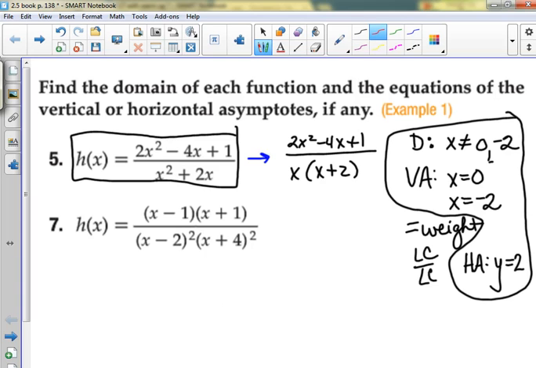Oh, this one could be easier, it could be hard. It's already factored for us. So what can you tell me? Domain? Asymptotes? Vertical first?